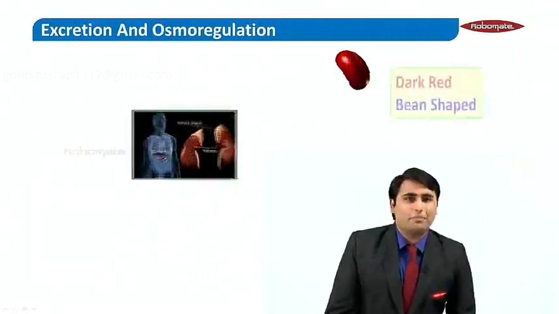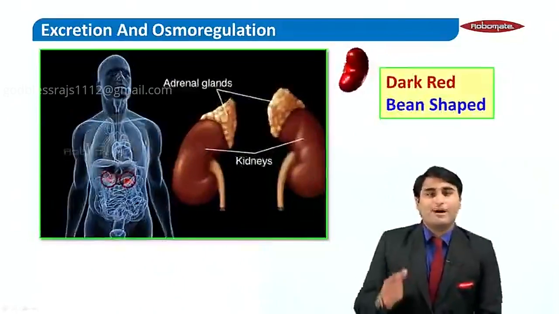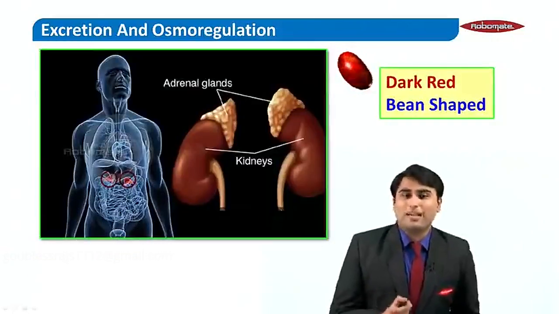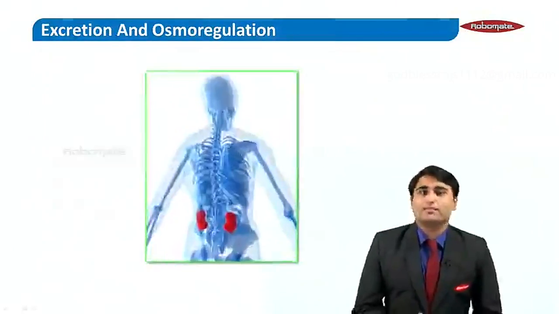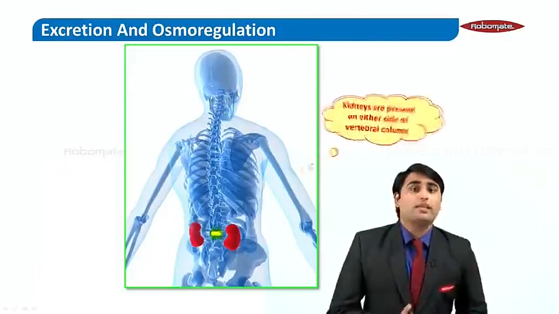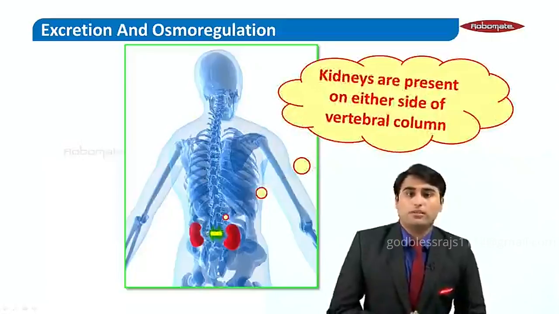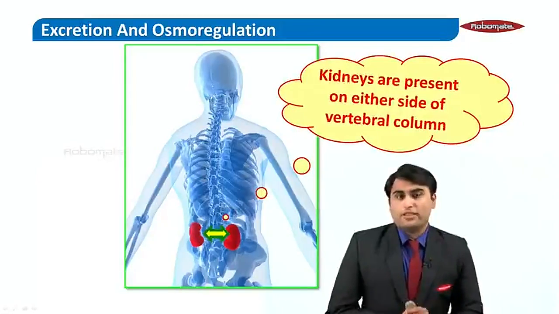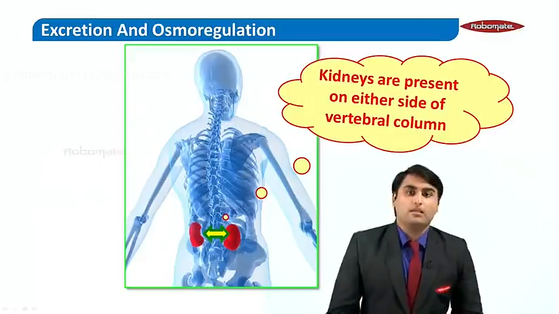How do the kidneys appear? Yes, they appear dark red in color and bean shaped. So these are dark red bean shaped organs. Here you can see the kidneys present on either side of the vertebral column. In the middle there is your vertebral column, and on either lateral side there is a kidney.